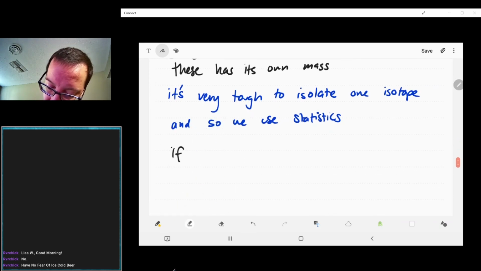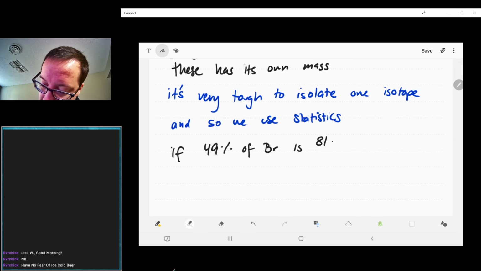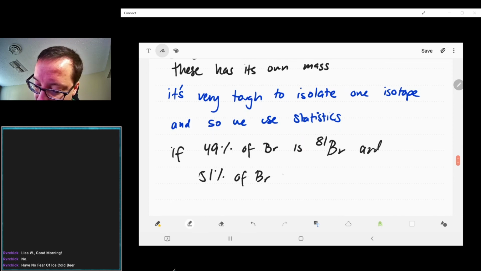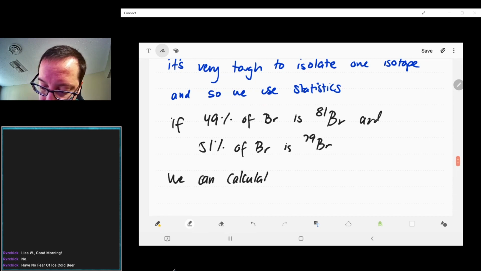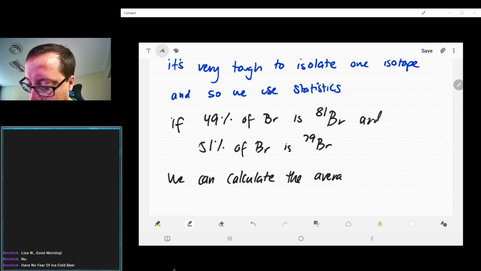So if 49% of bromine is bromine 81, and 51% of bromine is bromine 79, we can calculate the average mass of a bromine atom.